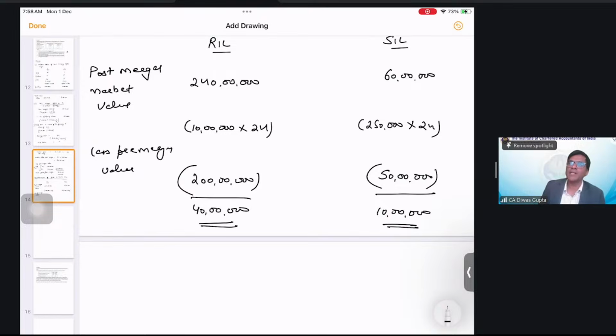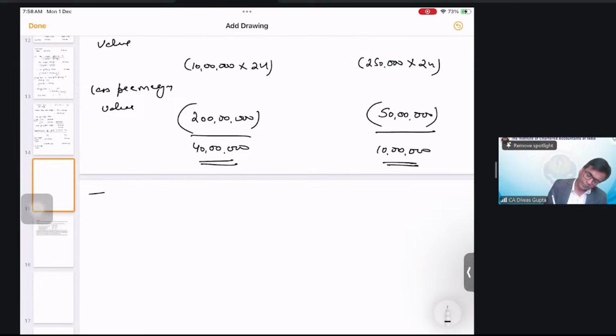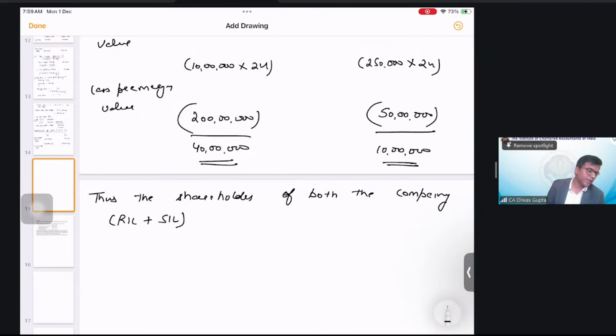But please do remember, students, there is no separate legal entity identity for SIL remaining. Okay. Thus, the shareholders of both the companies, RIL plus SIL put together, are better off than before.